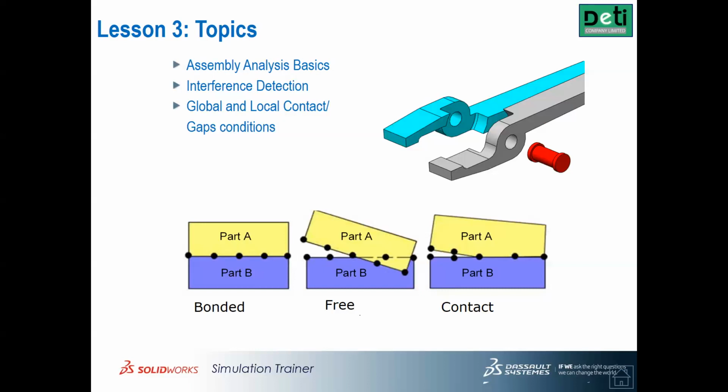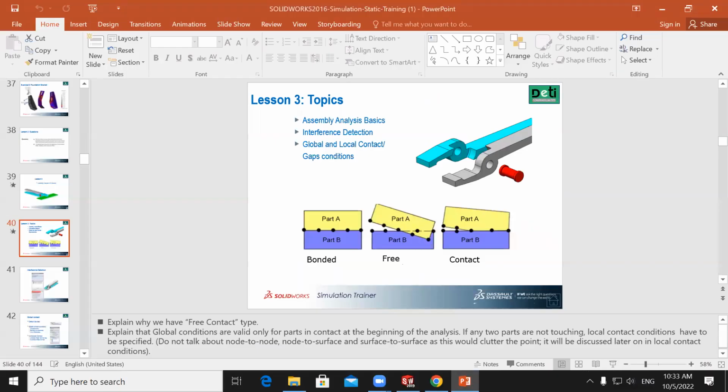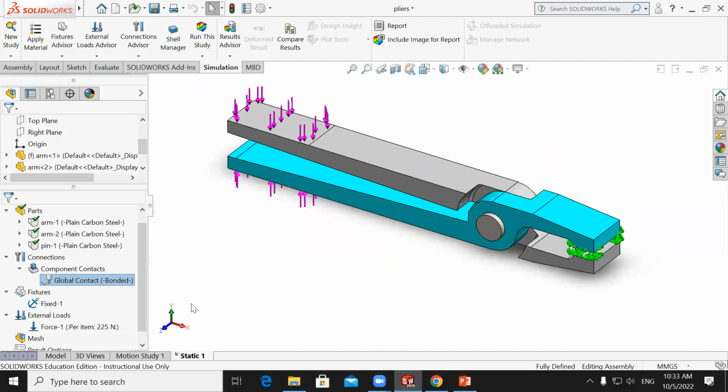That's what the figure is saying. And the last condition is the contact with no penetration, which does not allow one material to go inside another material. So that's an option for your analysis. And then let's go back to SolidWorks.